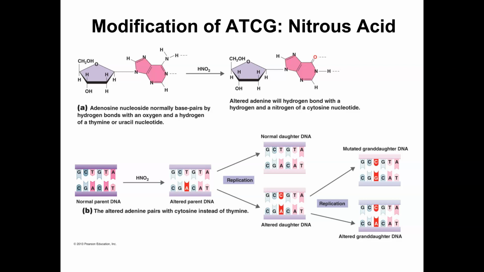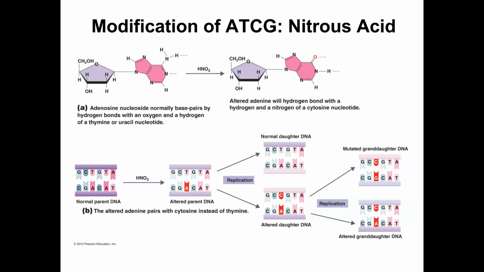So in the example at the bottom, sorry, I took this from a different text because yours doesn't have good examples of this. But here's your wild type DNA. Say that this adenine gets modified from nitrous acid. If DNA polymerase reads this modified adenine, look what could happen. Now you got an AC pair.